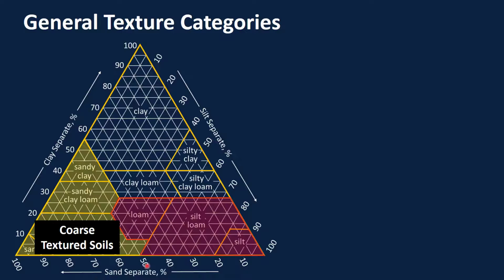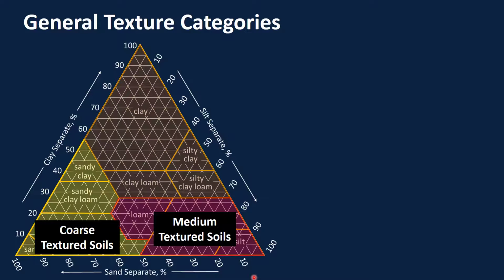Over here, where we have lower sand, lower clay, but higher silt, this is a medium textured soil. And then this top area is where we have higher clay, but lower sand and lower silt, and we term that as our fine textured soils. So based on our soils and their texture, we can then deem them into these general categories, which helps us talk about things a little bit more generally.